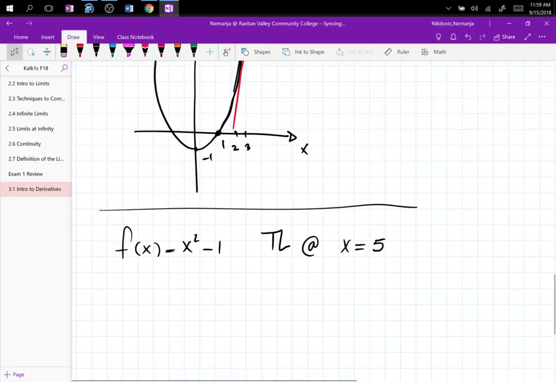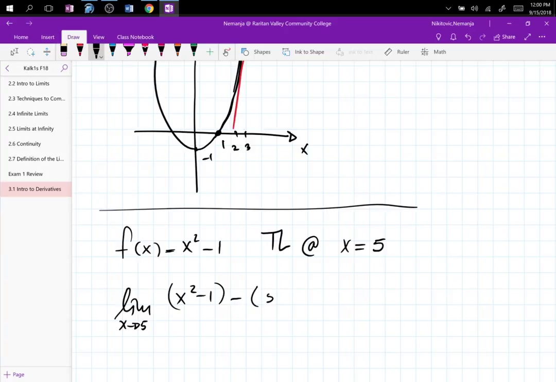So limit, x goes to 5 now, of x squared minus 1 minus 5 squared minus 1, over x minus 5.